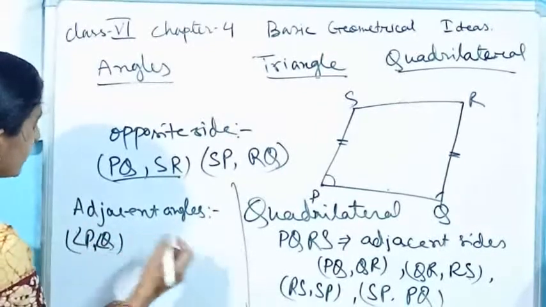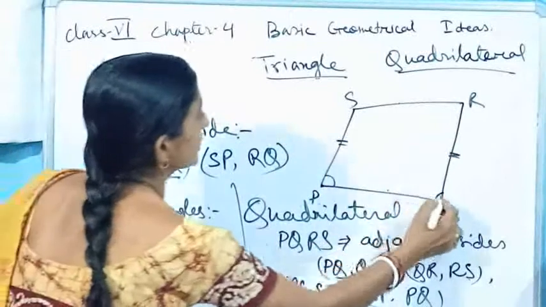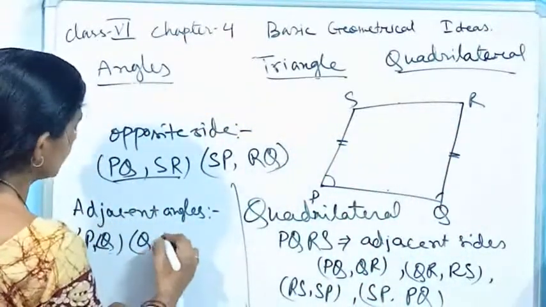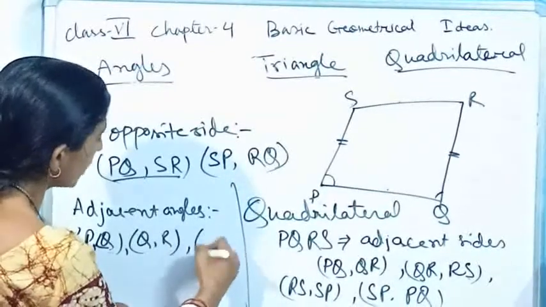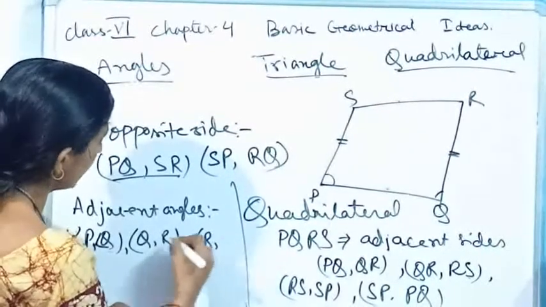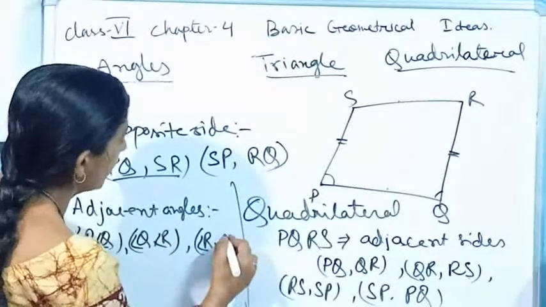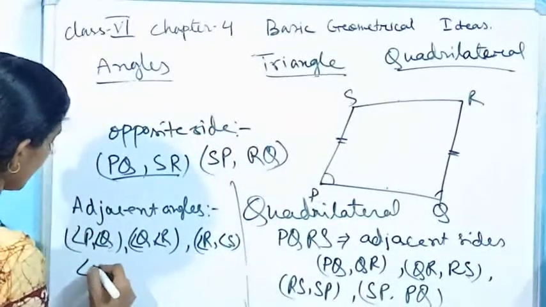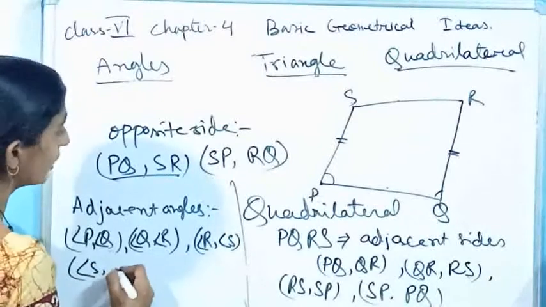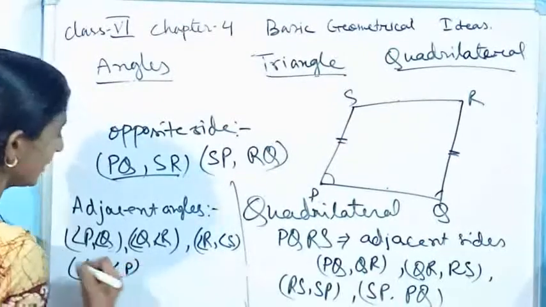Then I can take Q and R, another group. The third group is angle R, angle S. Then the fourth group is angle S, angle P, in this way.